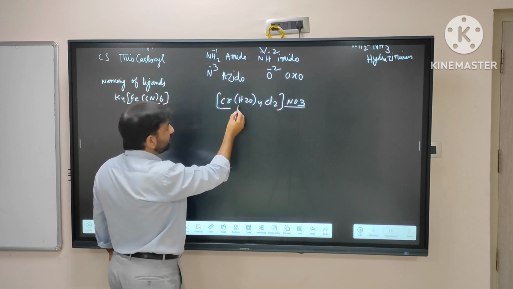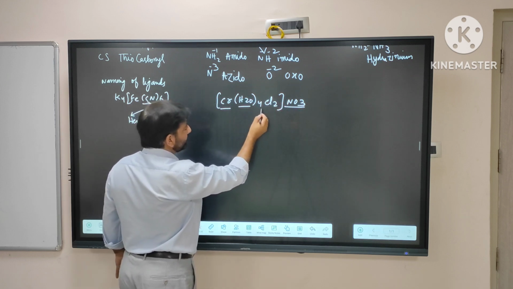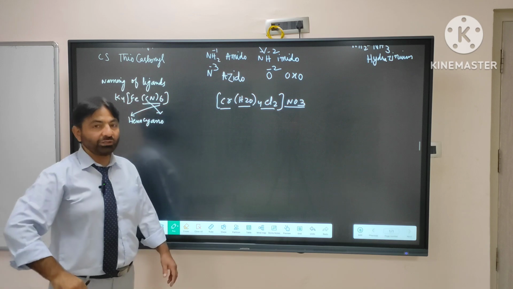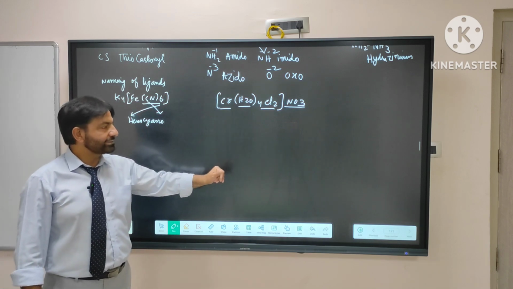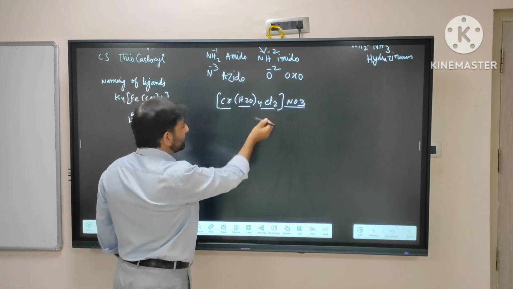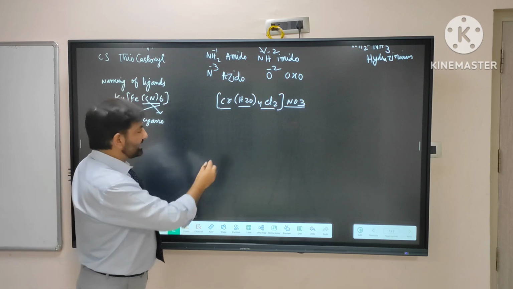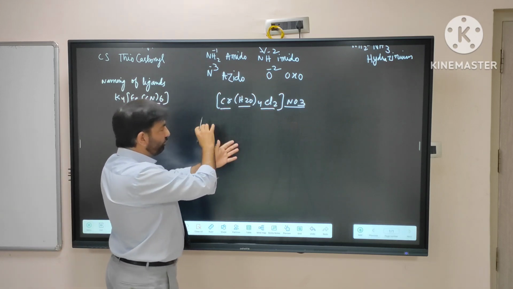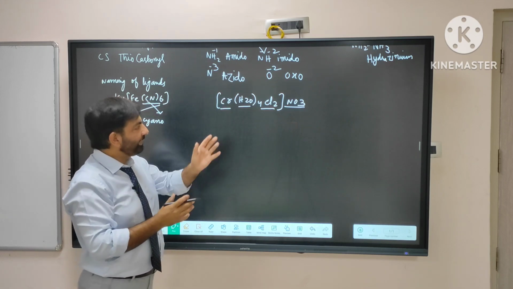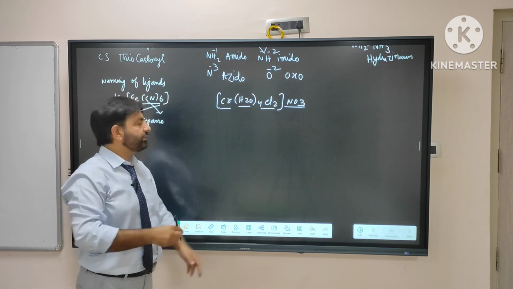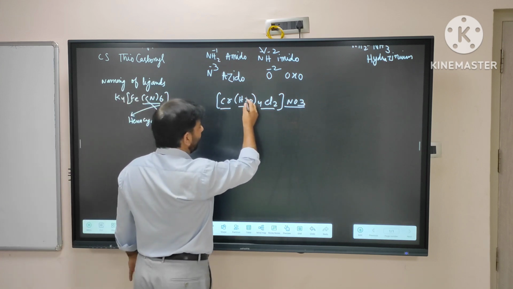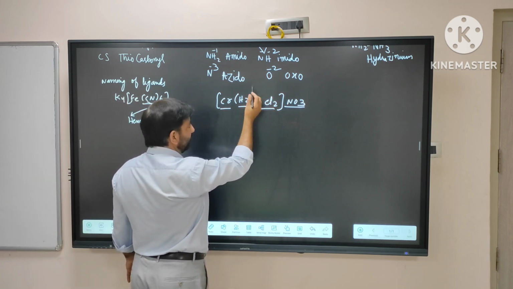Here I have 2 ligands this time. It is not only one ligand, I have 2 ligands. So now, which ligand should I name first? As a rule, I have to name the ligand, but we have 2 ligands, how to name them? I will follow alphabetic order.